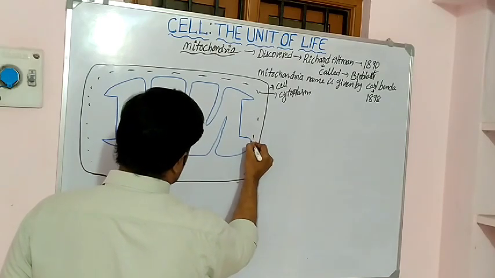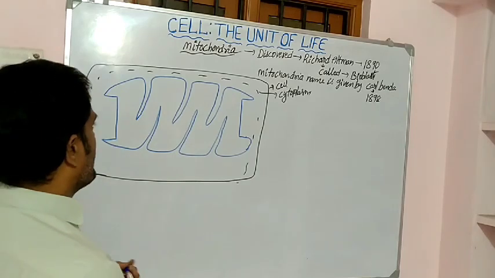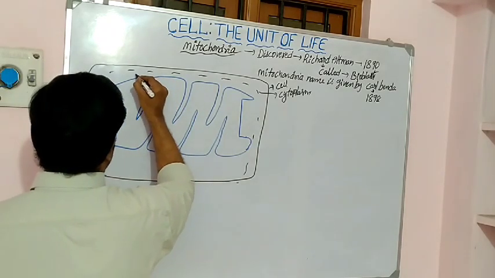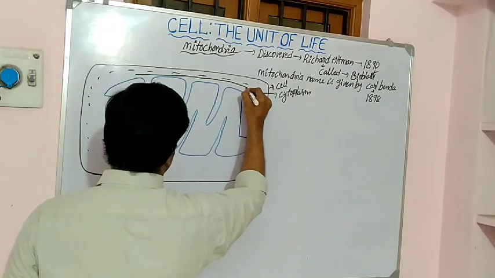So this is the inner membrane, and outside the inner membrane, one more membrane is also present here. This is the outer membrane.